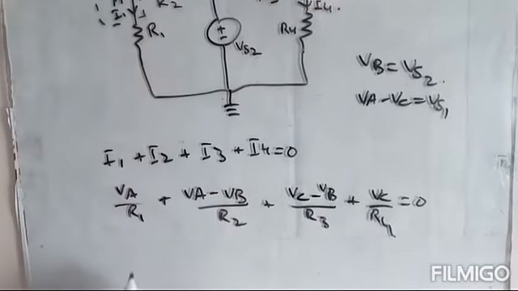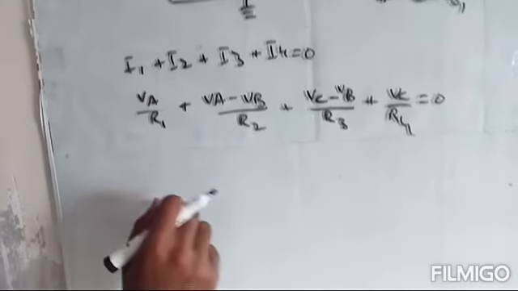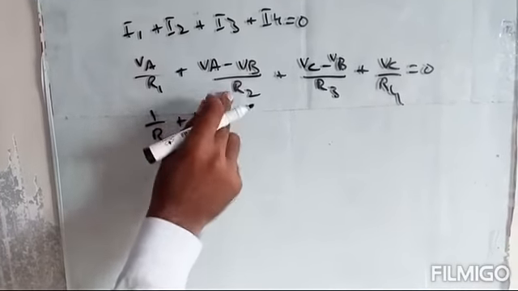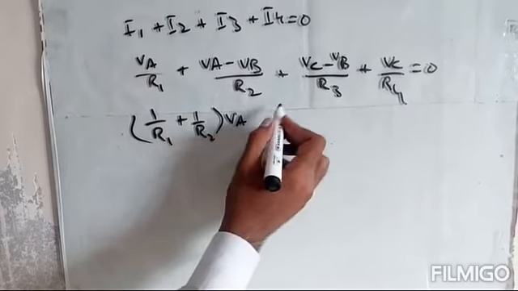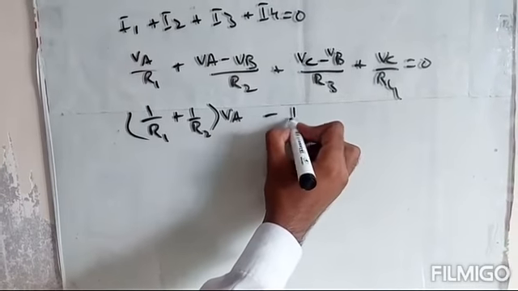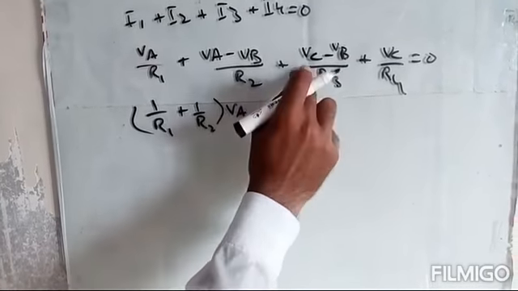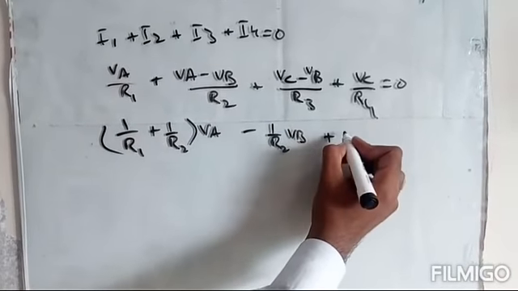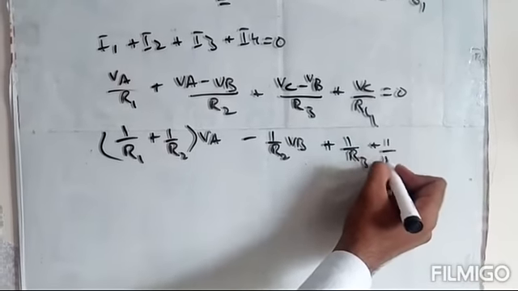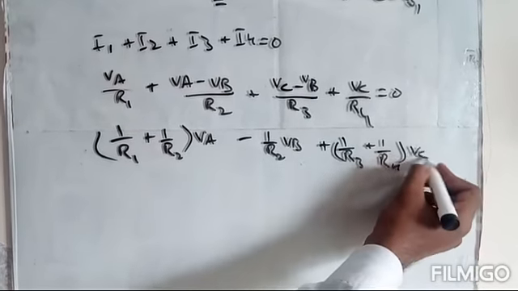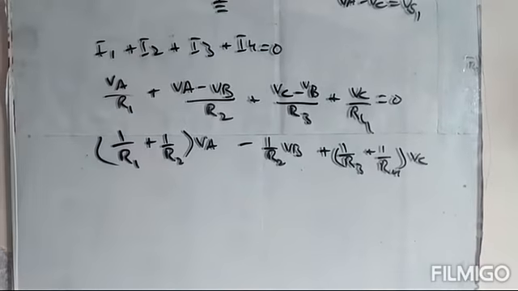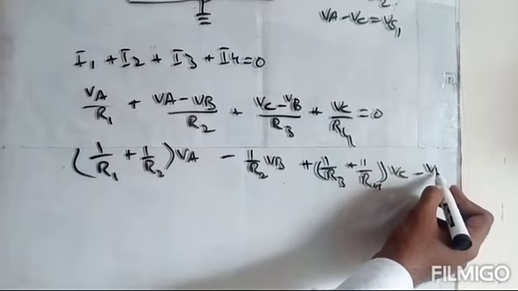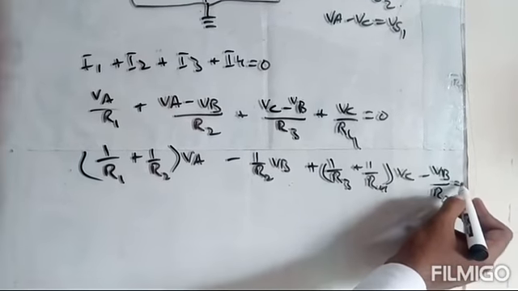So we will separate these terms and combine the same voltage terms. This is 1 over R1 plus 1 over R2, and this is the coefficient of VA, minus 1 over R2 VB, minus 1 over R3 VB, plus 1 over R3 plus 1 over R4 for VC, their common voltage, is equal to 0.